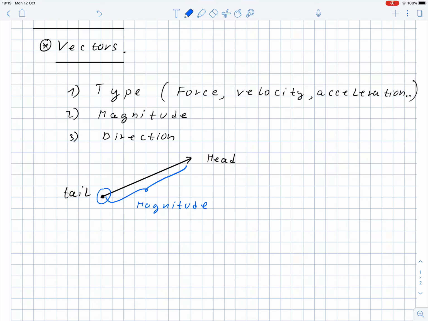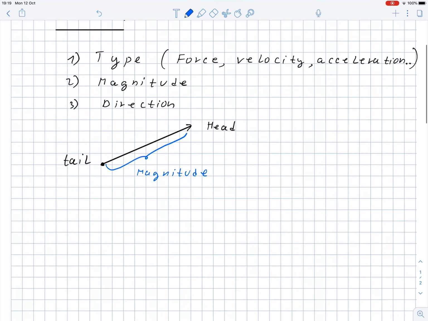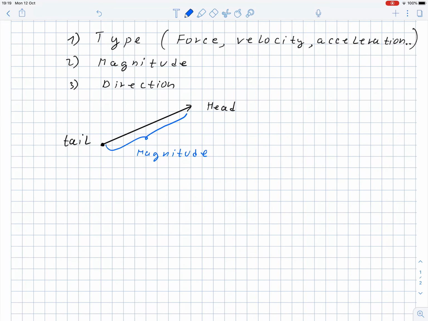Okay, how do we denote a vector? We denote a vector by using letters, small or capital, and of course a small arrow above those letters. For example, vector A, or capital A with an arrow above it, or vector B, or capital B with an arrow above it.